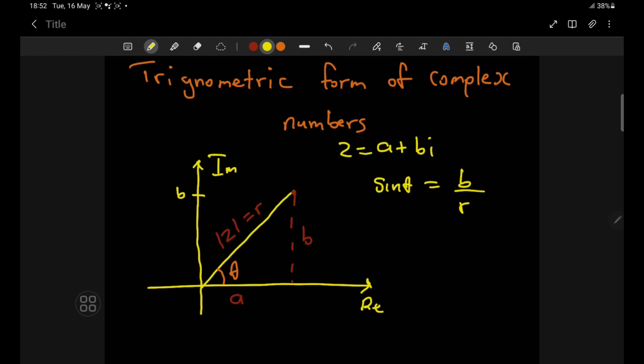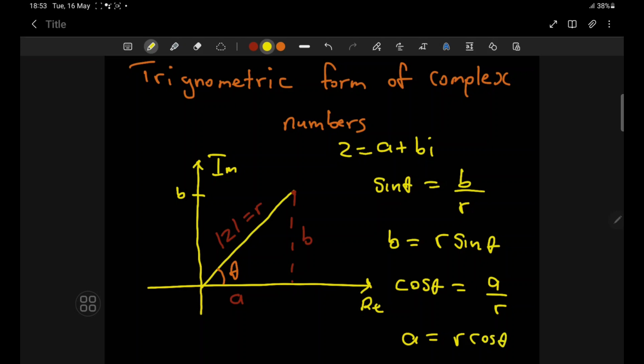If we make b the subject, b will be equal to r sine theta. And then again, to solve for a, cosine is adjacent over hypotenuse, so cos theta will be equal to a over r. Making a the subject, we have a is equal to r cos theta.